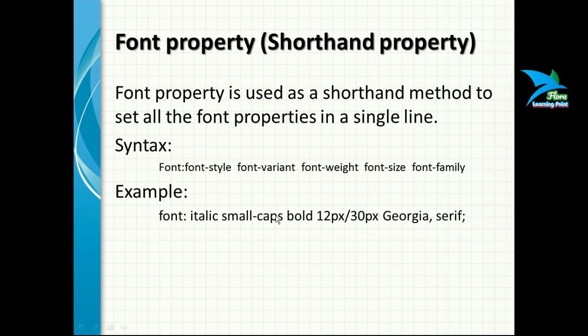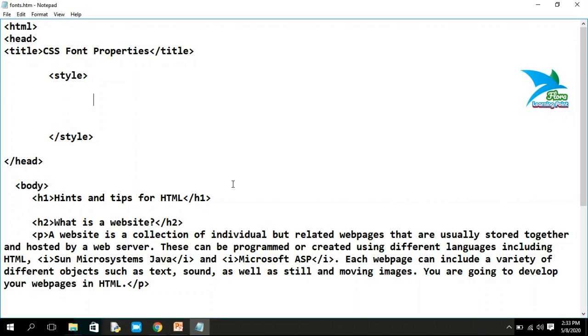So here we are having an example. We have specified font italic, then small caps, then bold, then 12px. So the main thing is that you have to specify all the values in this order, if you want to specify multiple properties in a single line.